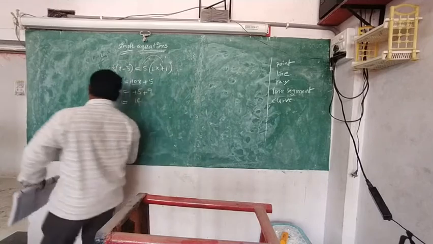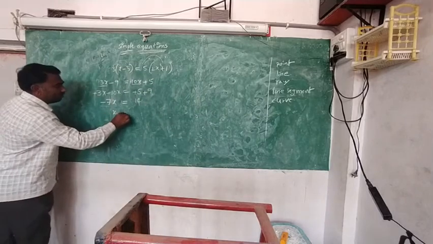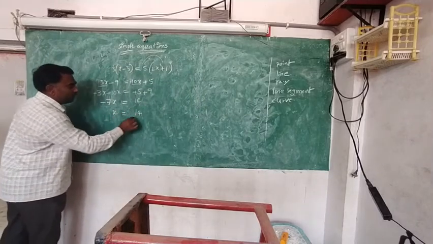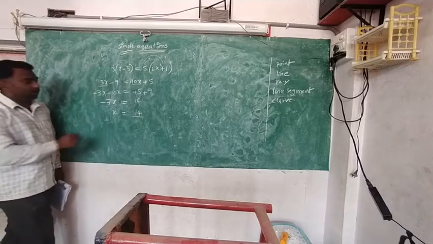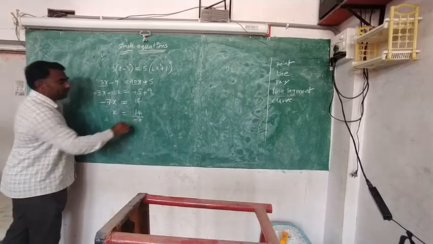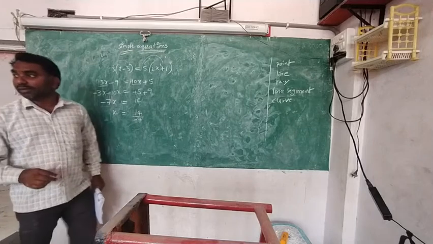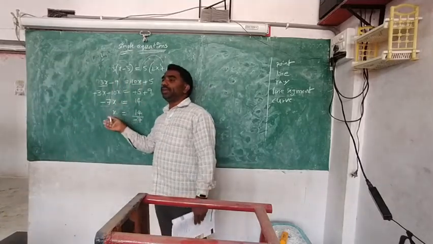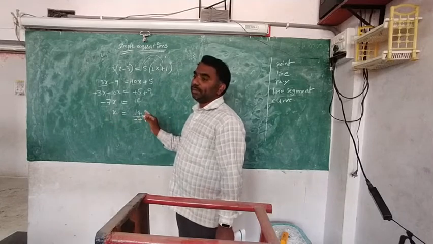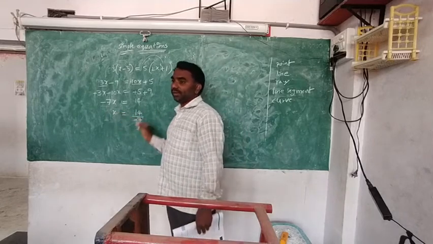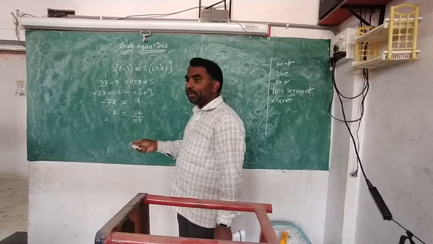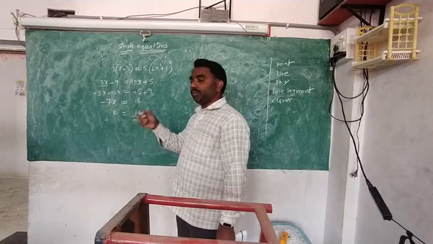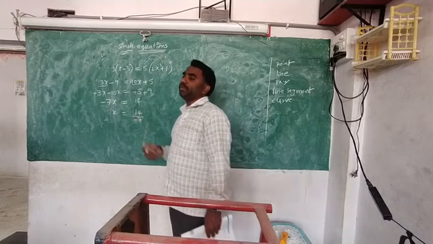So what will you write here? x is equal to 14 divided by minus 7, not plus 7, minus 7 only. It is multiplying, so if it comes here, it will divide. A multiplying one will divide. Addition one, subtract. If it is subtracted, then it will become plus.